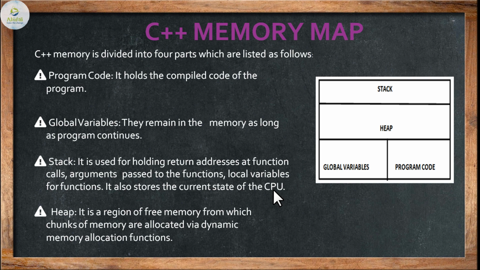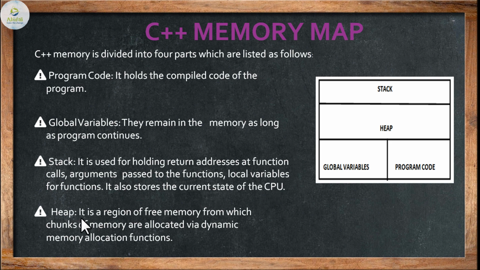We will be discussing stacks in detail in the chapter called data structures. So what is a stack? It is a pool of memory which is basically used for function call statements, function arguments, and even local variables, as well as for the CPU's current status.